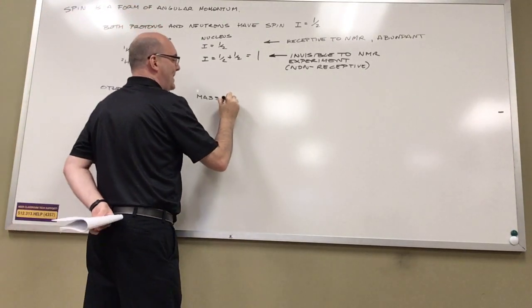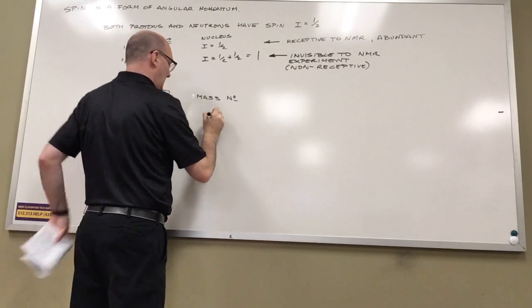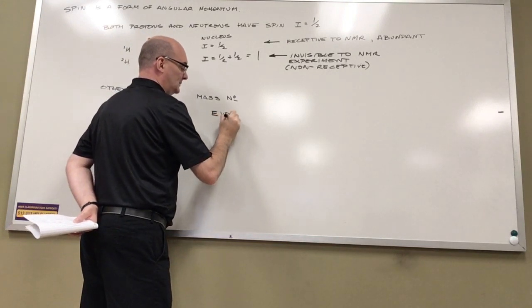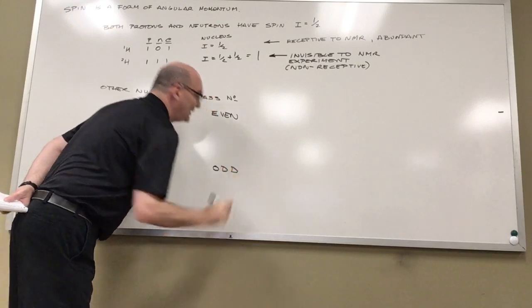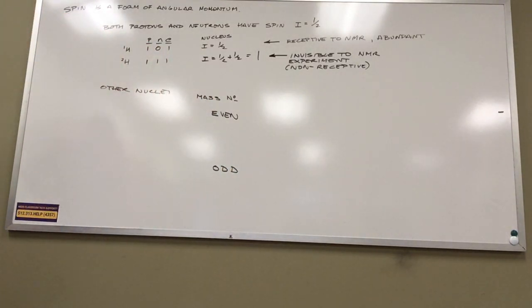So if my mass number on the periodic table is even versus if it's odd, I can see two scenarios for this.